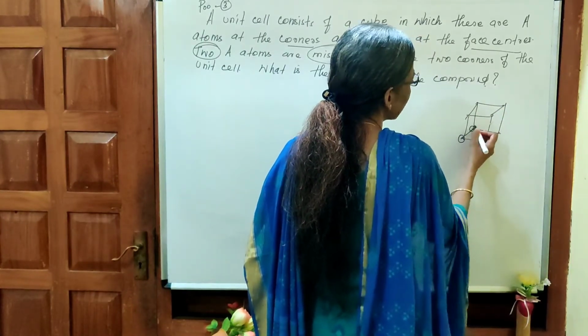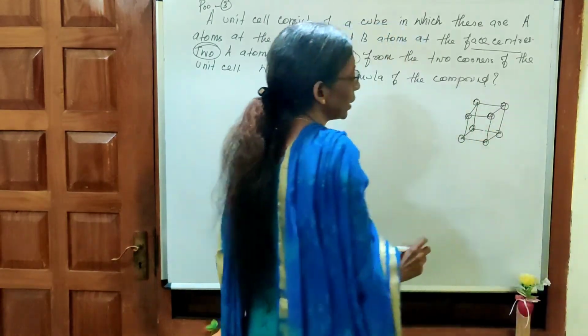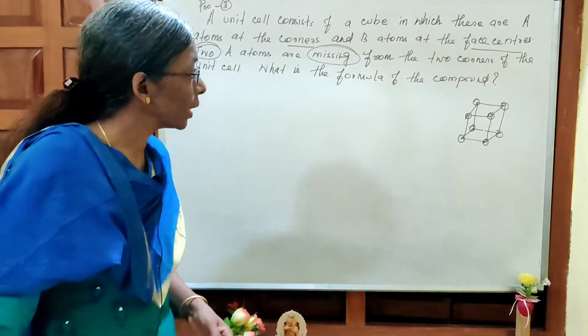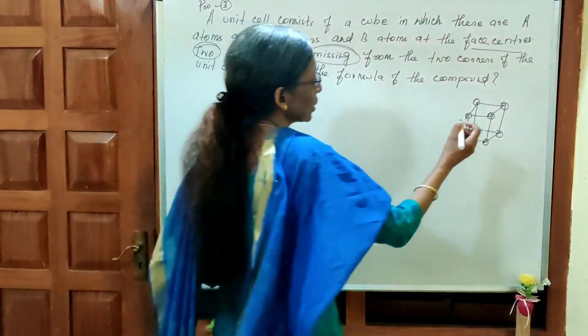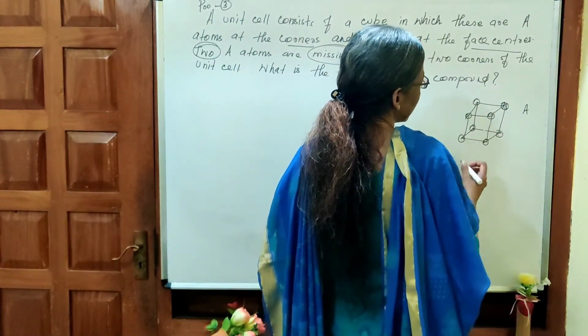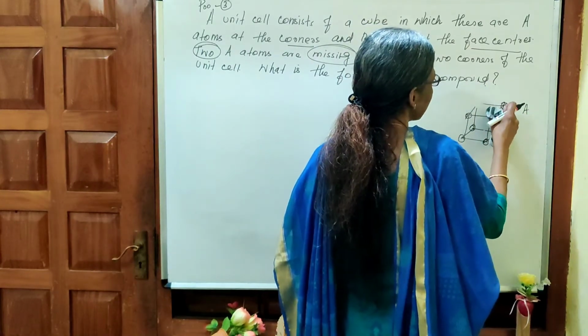Normally if you see a unit cell, how many corners? 8 corners. Normally it will be 8 corners, so 8 points will be there. Here what is happening? All A atoms are at the corners, but 2 are missing. That means you can remove any 2.